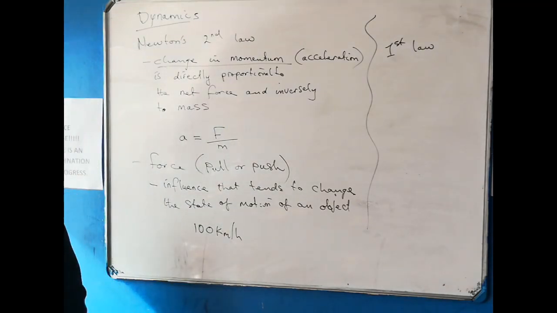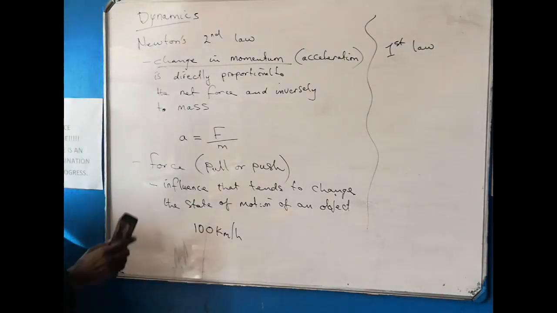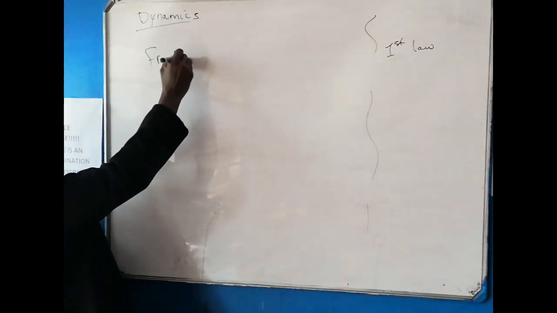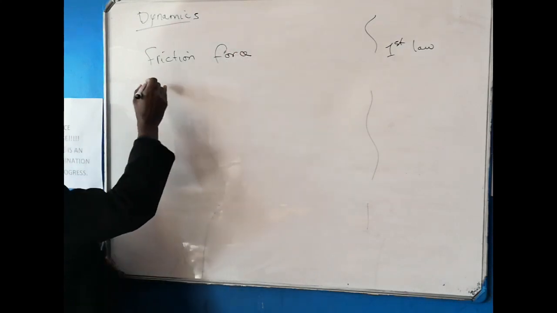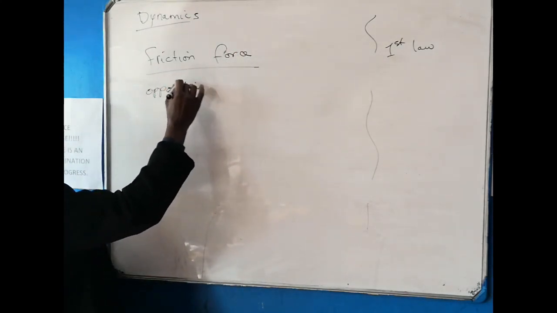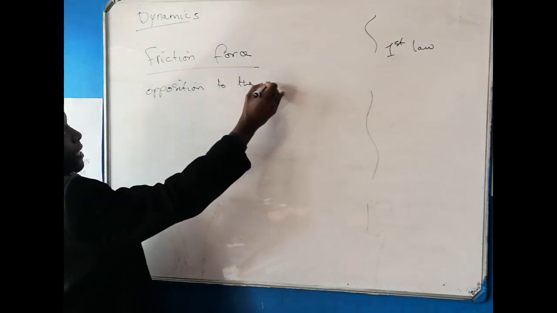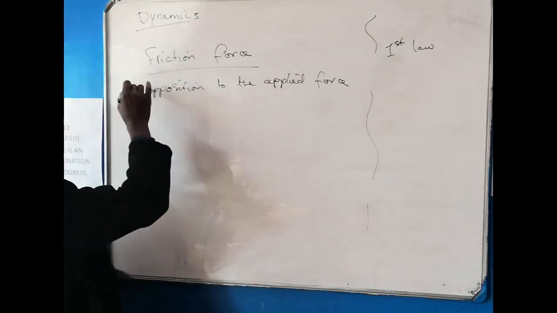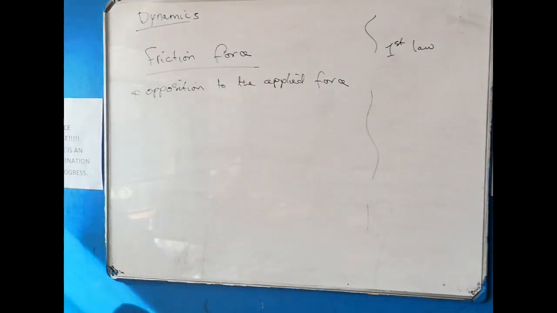That friction force opposes motion. Friction force is always in the negative. You apply a force in that direction, friction force is active. You try to push this object that side, friction force goes the other way.